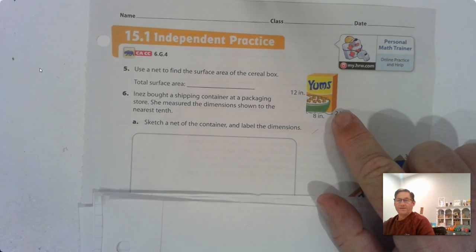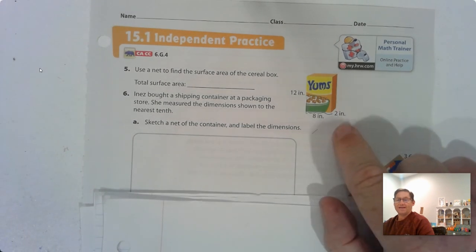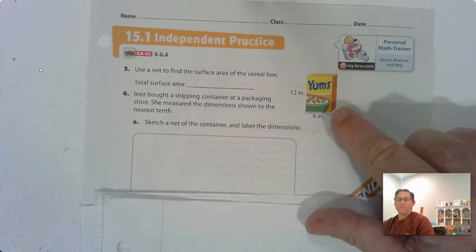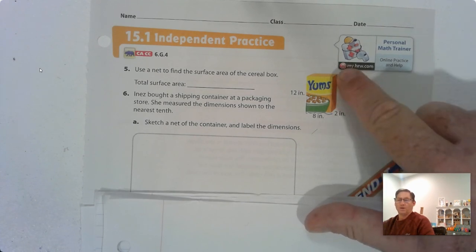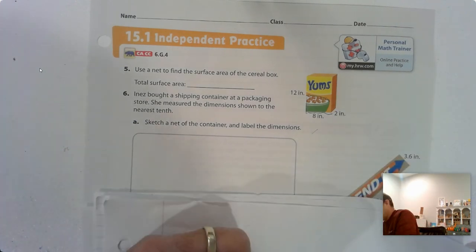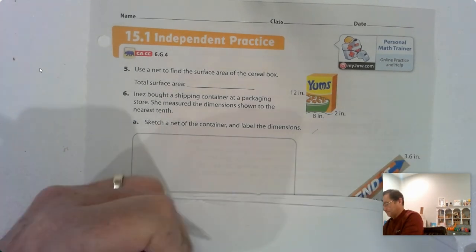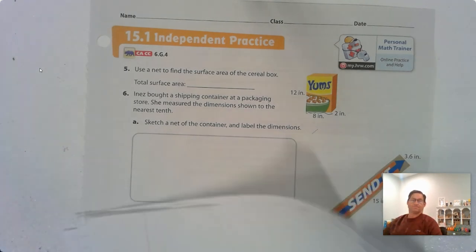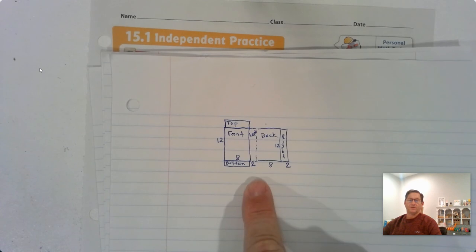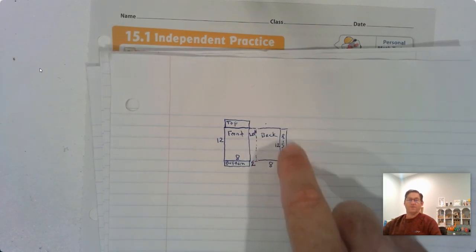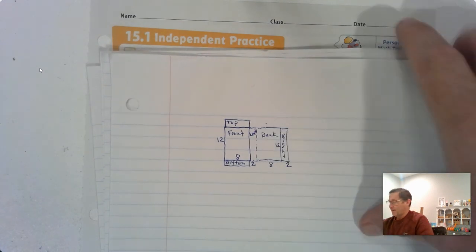This skinny rectangle here, that would be the left and the right hand side of the box, is 2 inches wide and 12 inches tall or long. Okay, so 2 by 12. So these two little pieces are 2 inches long, and this is 12 inches high.